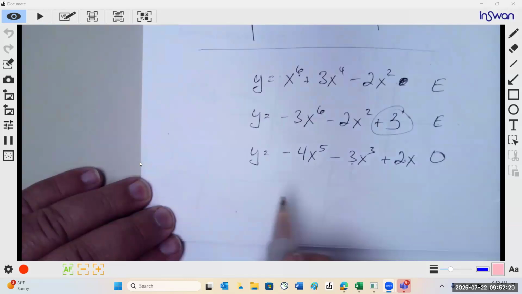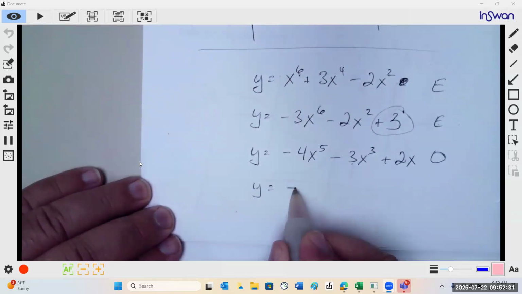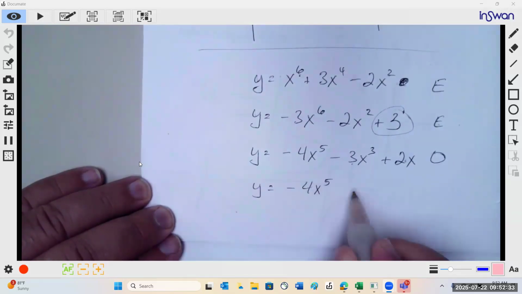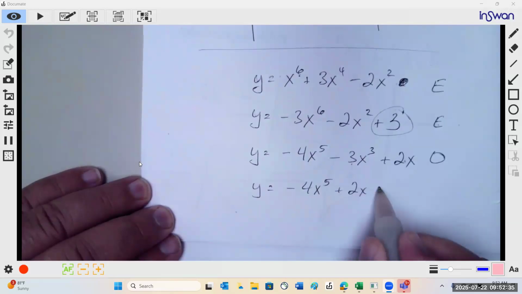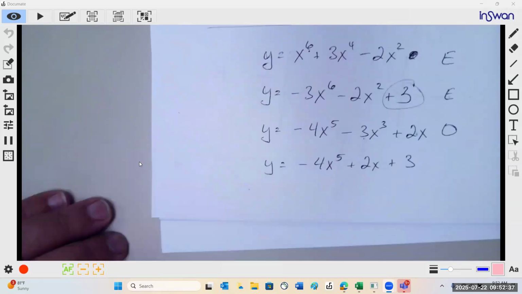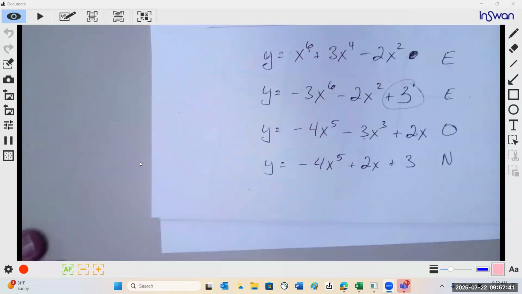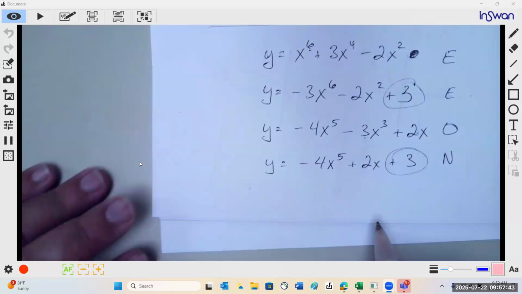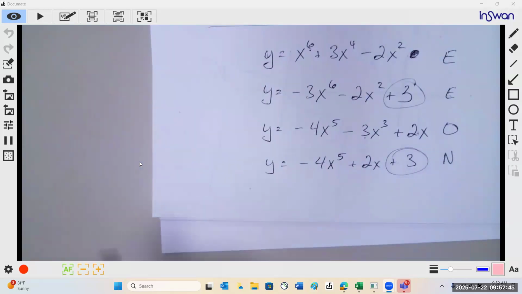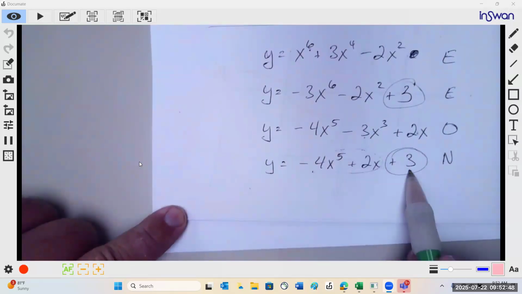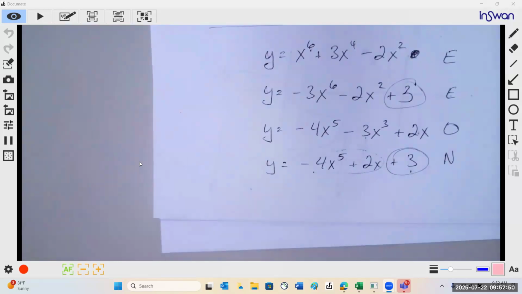It's odd. How about this one? Even, because the constant can only be in even functions. This one, these are odd. This is even, so it's neither. You can't combine them.